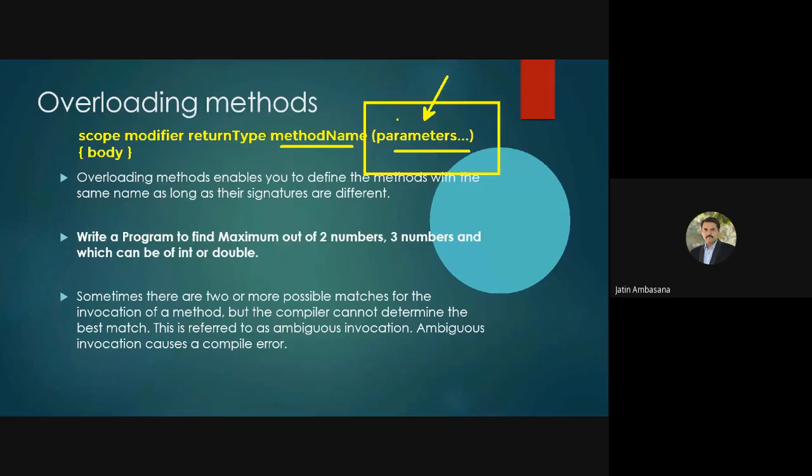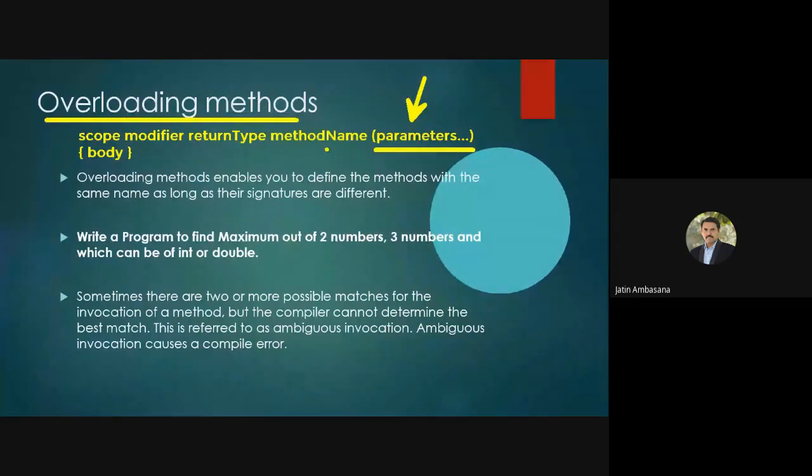So which part has to be compulsorily changed in order to declare valid overloaded methods? The parameters.